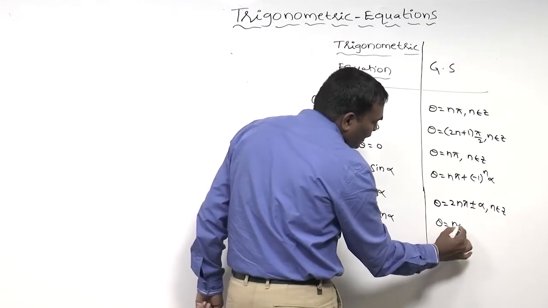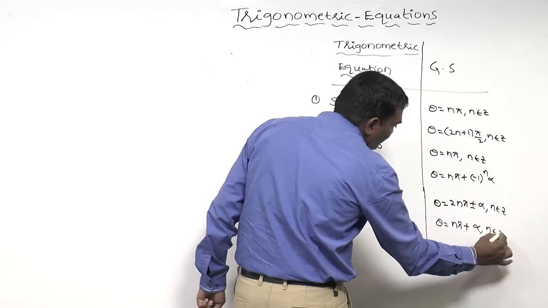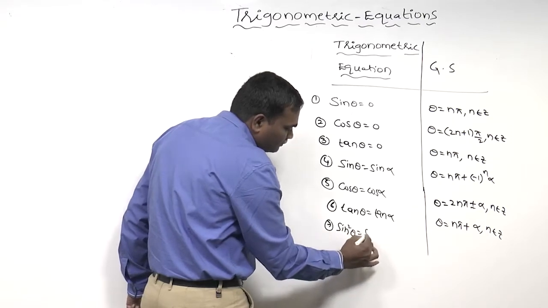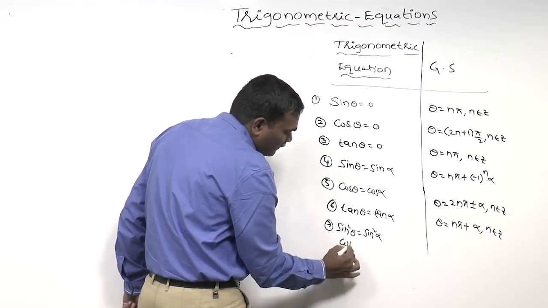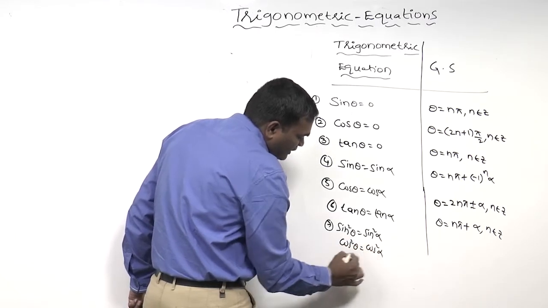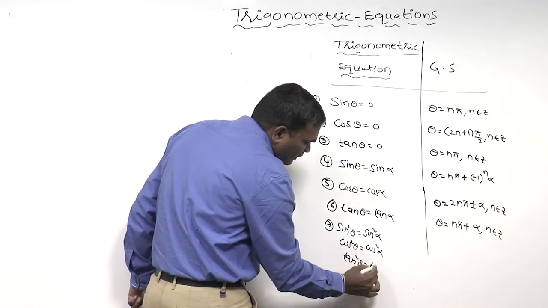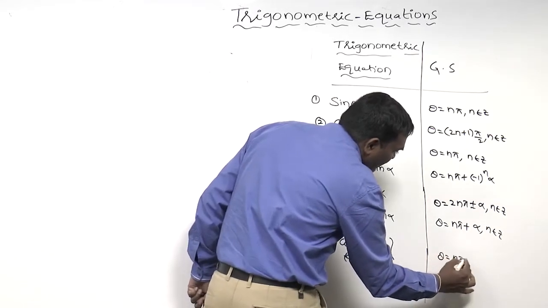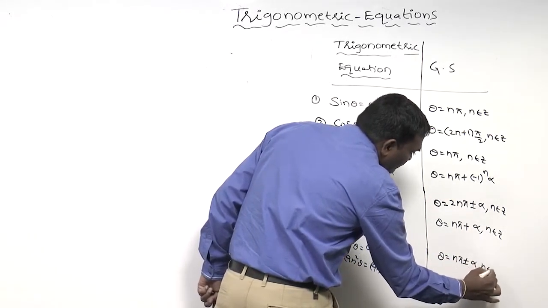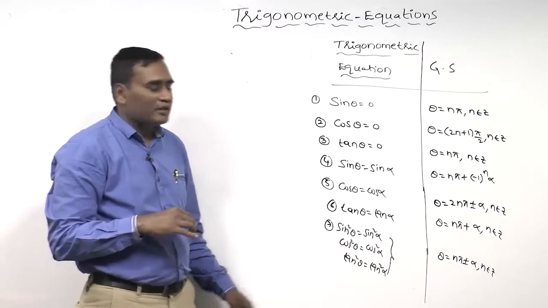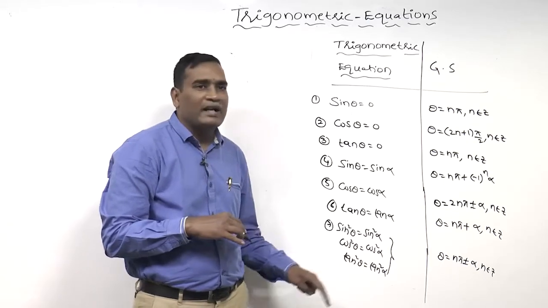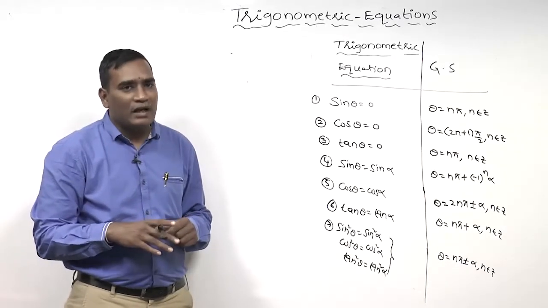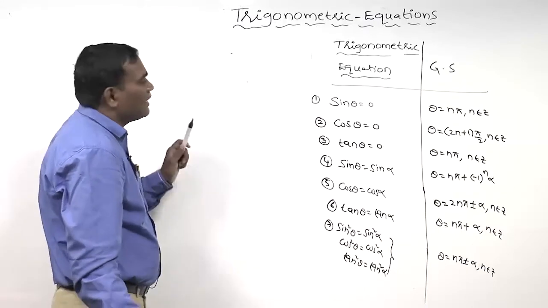Theta is equal to n pi plus alpha, n belongs to Z. For squares, that means sin square theta is equal to sin square alpha, cos square theta is equal to cos square alpha, and tan square theta is equal to tan square alpha, for all these formulas theta is equal to n pi plus or minus alpha, n belongs to Z. So theta is equal to n pi plus or minus alpha. These are the general solutions.